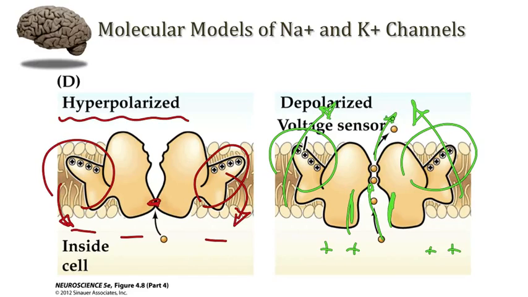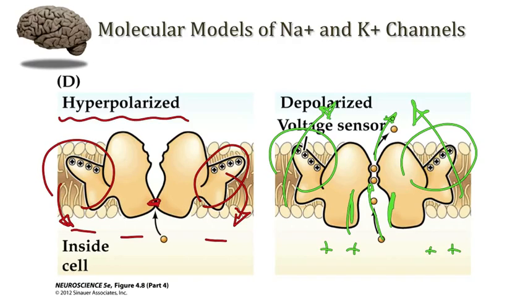So the function of these ion channels is a reflection of their structure, and the voltage dependency and even the time dependency has to do with the structure of these voltage sensors and perhaps the density of charged residues that might contribute to the kinetics of channel opening.